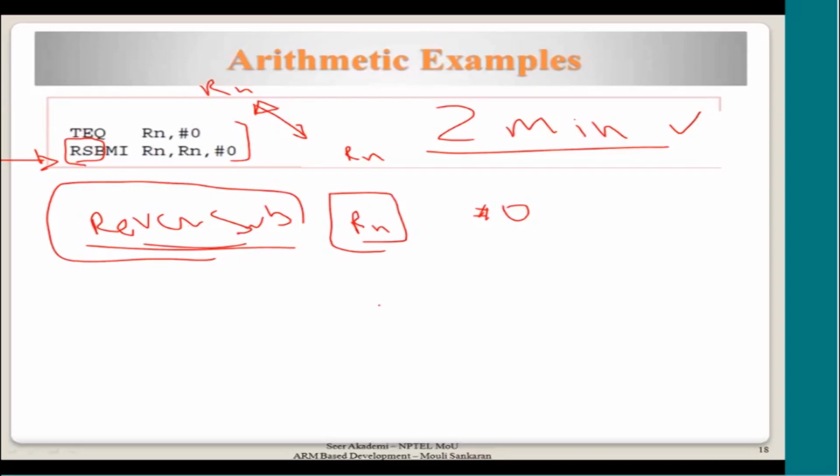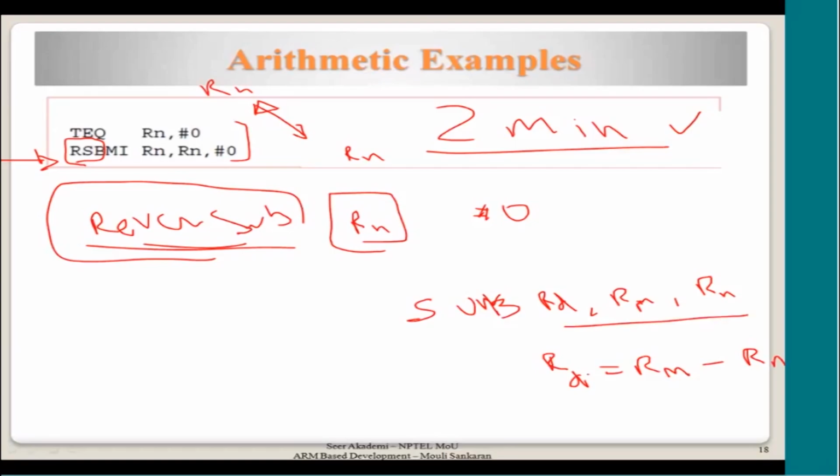Normally a subtract instruction, SUB Rd, Rm, Rn: what will it do? Rd is equal to Rm minus Rn, very simple, right? I told you how to write this equation without trying to recall it from memory. So this is the job.